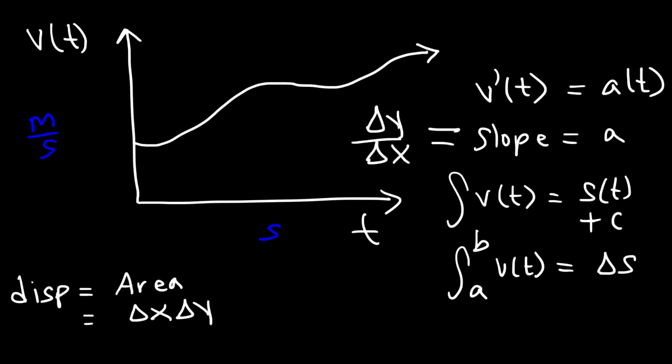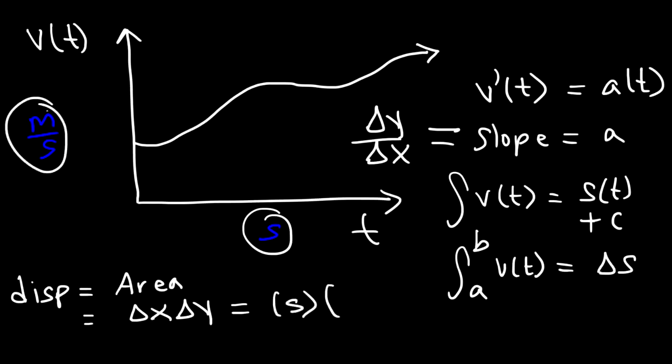So notice the difference. When you're differentiating something, you're dividing the y values by the x values. That'll give you the slope. When you're trying to integrate something, you're really multiplying the x and the y values together. So you're looking for the area under the curve. In this case, the x values have the unit seconds. It's associated with time. The y values have the units meters per second.